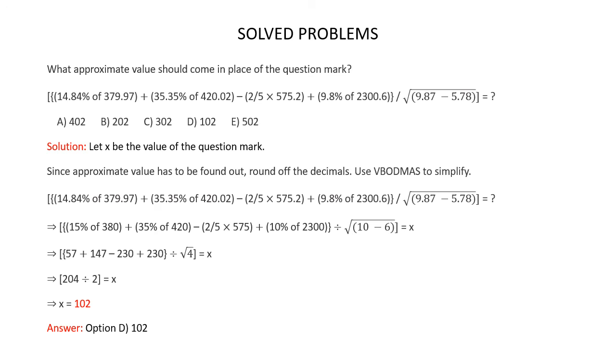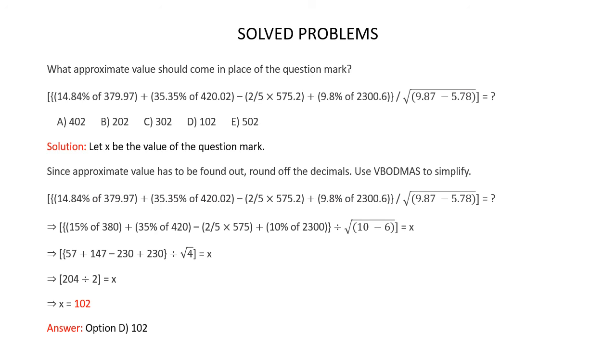Now solve whatever is given within the curly brackets. So here minus 230 and plus 230 will cancel out. So 57 plus 147 is 204. Root of 4 is 2. So now you have 204 divided by 2 within the square brackets.